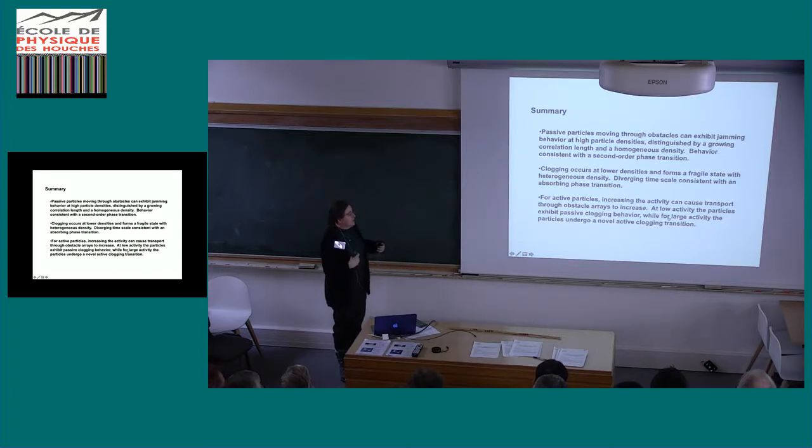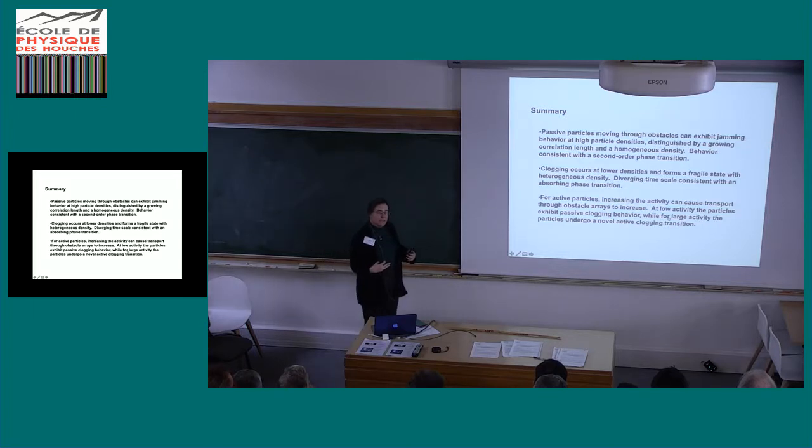And then if you make the particles active, you can go between a granular type clogged state at low activity, to a flowing state at intermediate activity, to an actively clogged state at high activity, and that actively clogged state is associated with this broad distribution of active avalanches.